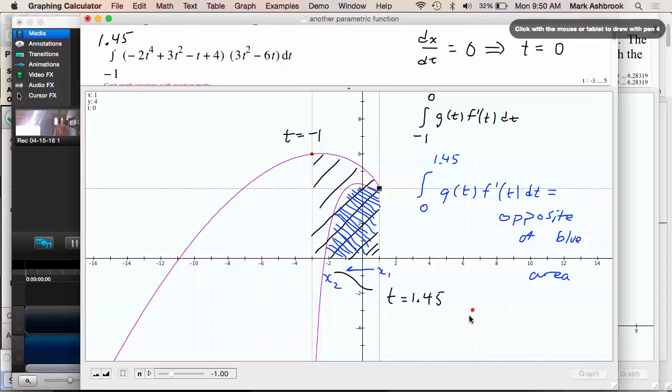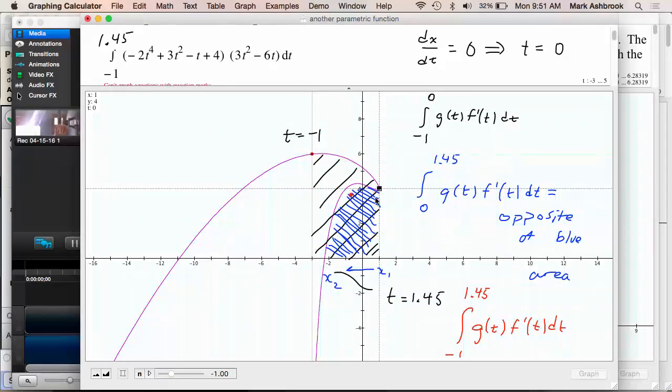Do you see what it will do? So now the integral from negative 1 to 1.45, which is the sum of these two, will be what region? Do you see that if we have all this and subtract this, what's left? So it's like we're subtracting, right? It's like we're adding all the area as x moves from left to right, and then we end up subtracting all the area as x moves from right to left.